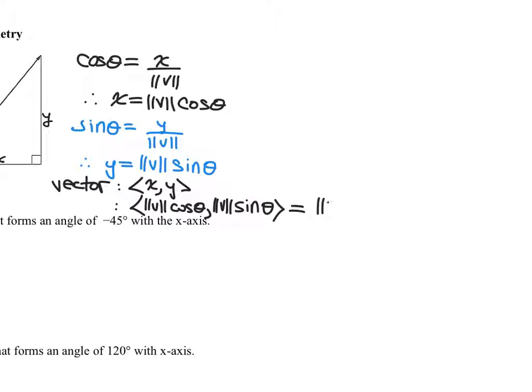So I can pull out the magnitude of v and have cosine theta comma sine of theta. All right, so this part is the unit vector. And together we're looking at the component form of a vector.